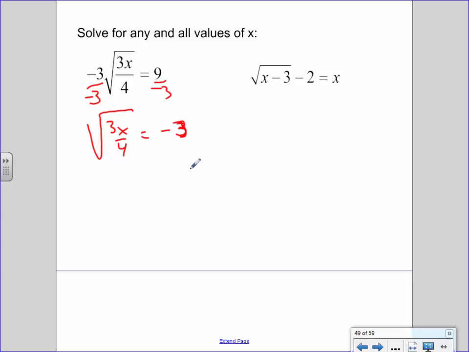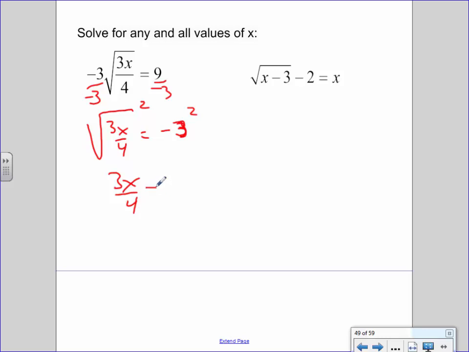Now's a great time to square, basically because this square root is isolated. Because it's by itself, let's pick it off. So let's square this side, let's square this side. When you square the square root of 3x over 4, it literally just becomes 3x over 4. That's easy. What about negative 3 squared? Say it. 9.